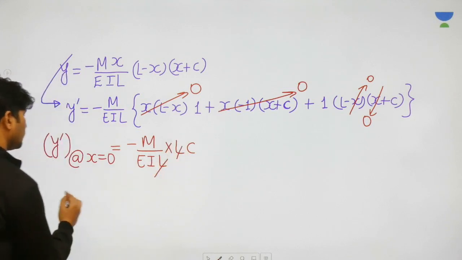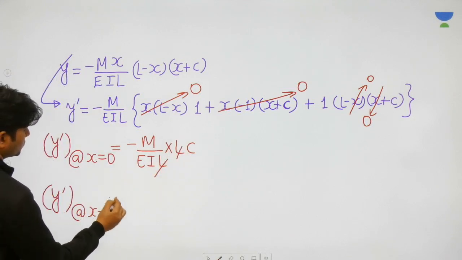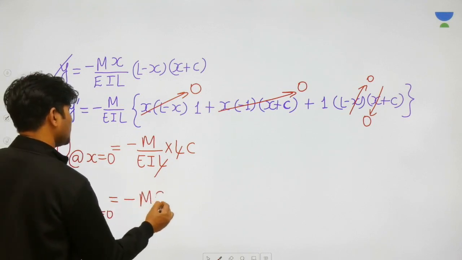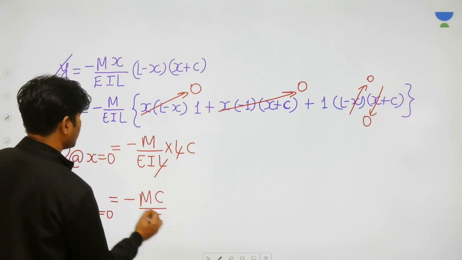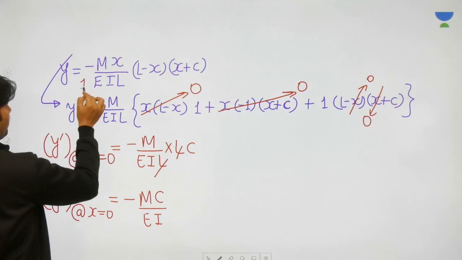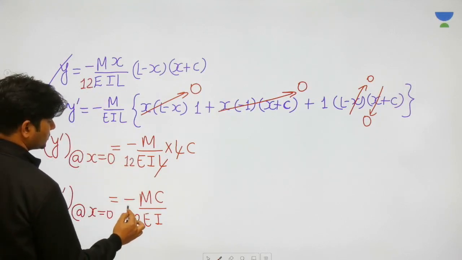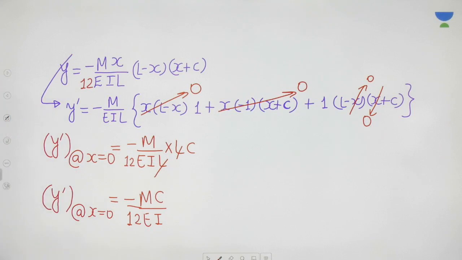L and L, they will get cancelled once again. Y dash at x is equal to 0 will become minus m into c divided by 12 EI. Because in the given equation 12 was also there, I missed it.